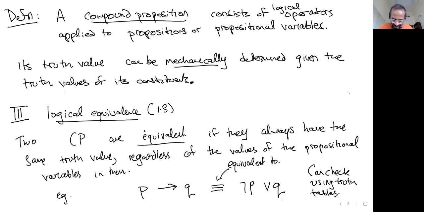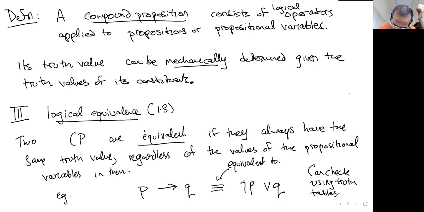So let's see, what do I want to say about this? Oh, sorry, somebody raised their hand. For the not P or Q, is that a negation of P or Q, or a negation of P? Okay, that's a good point.